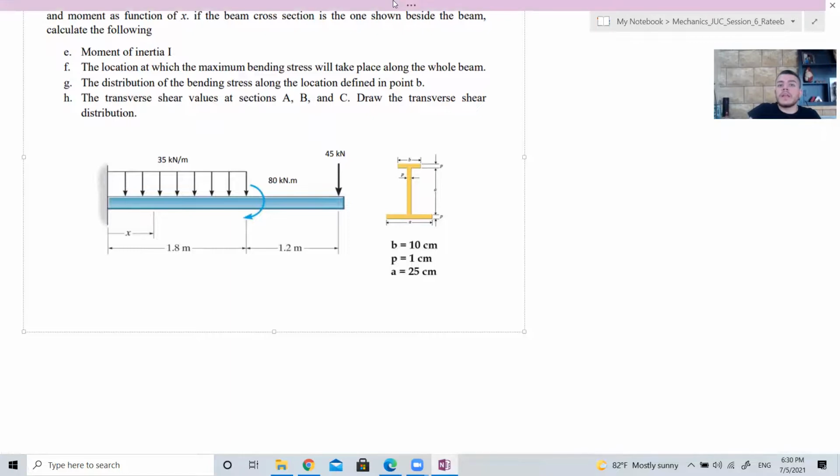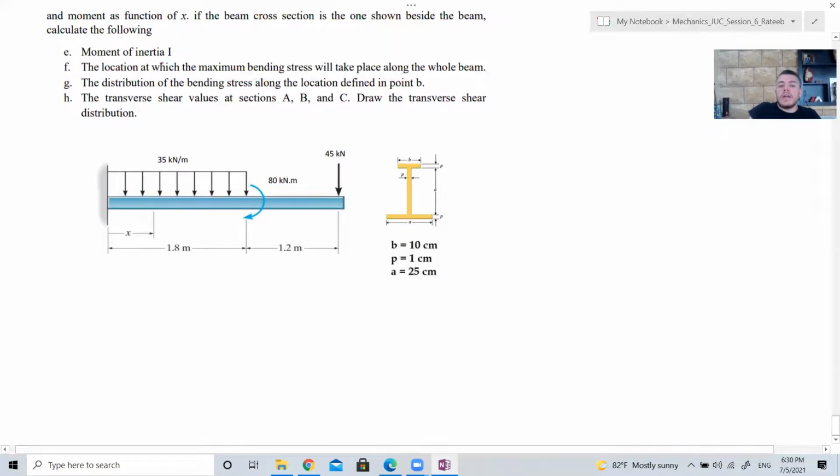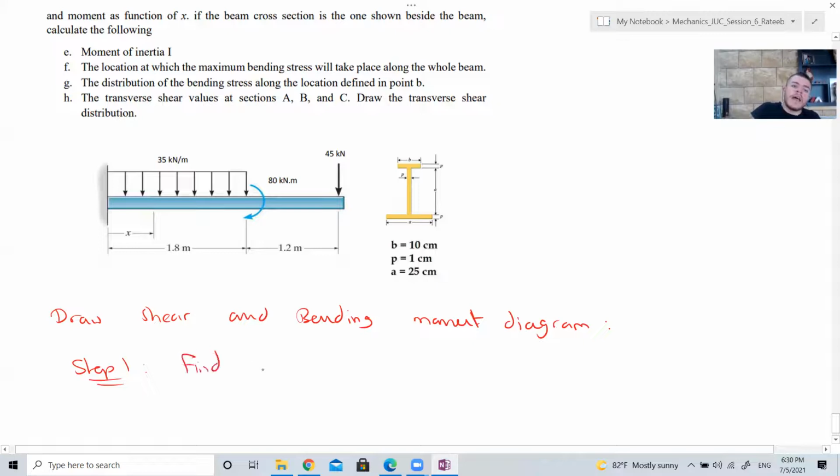Okay. Let's first draw the shear and bending moment diagram. What is the first step before we draw the shear and bending moment diagram? Step 1, we need to find the reactions.